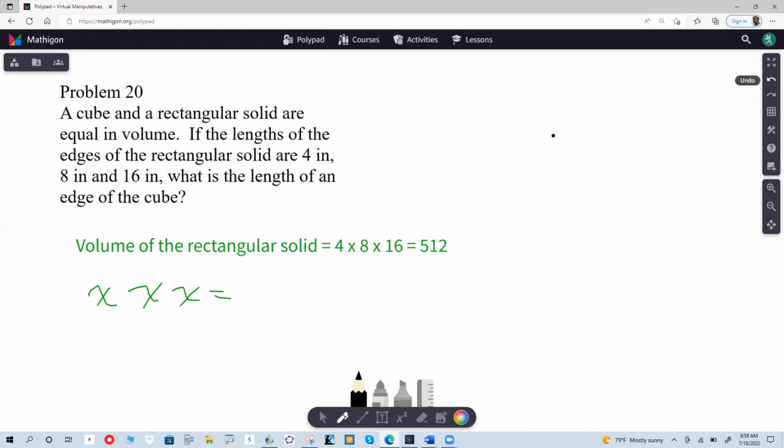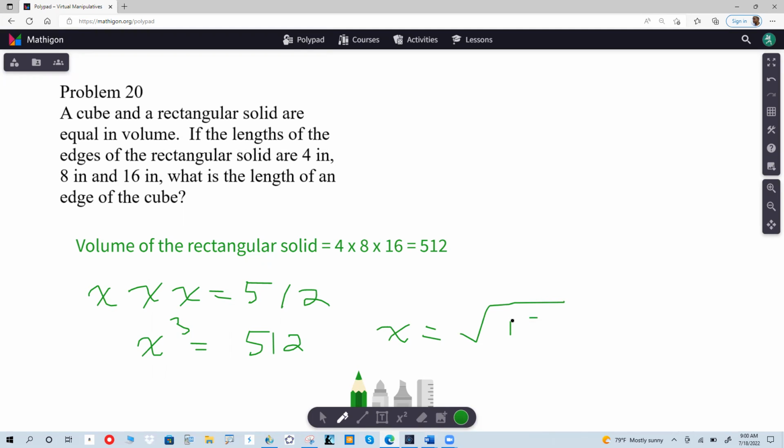Must be 512. That means x to the power 3 is 512. And to find the value of x, you take the cube root of both sides. So x is the cube root of 512. And I'm just going to use my calculator, okay?